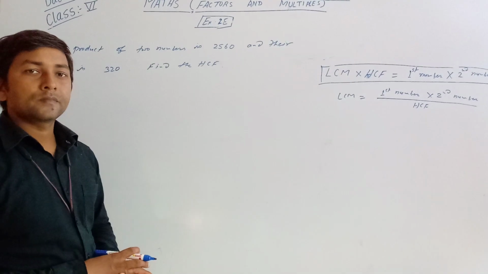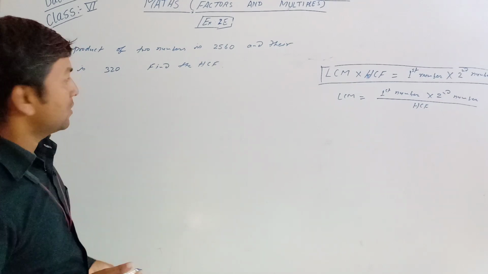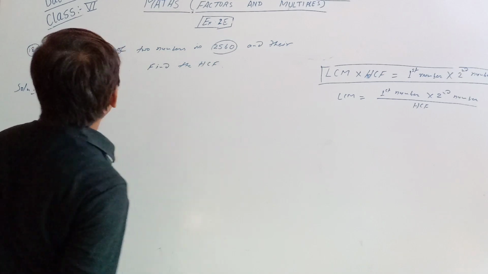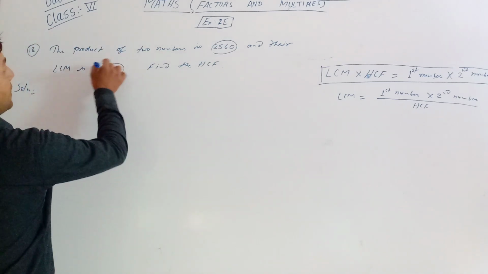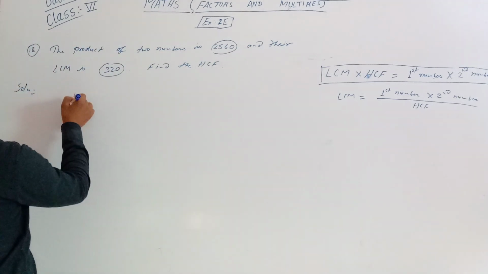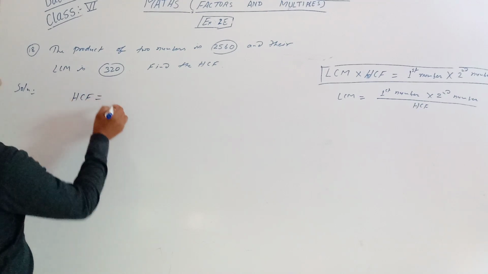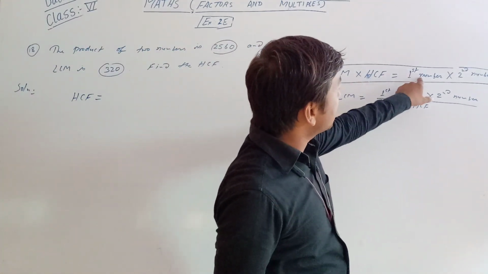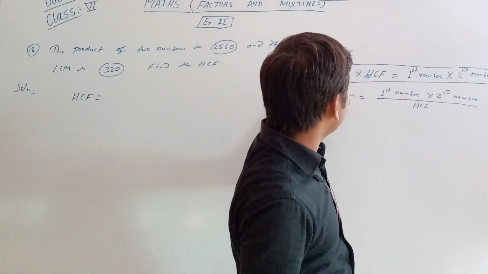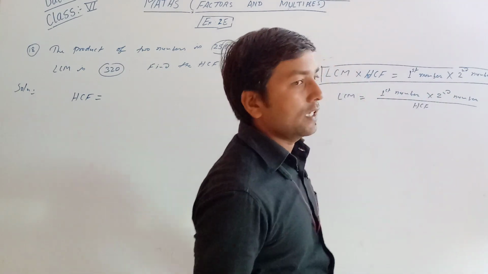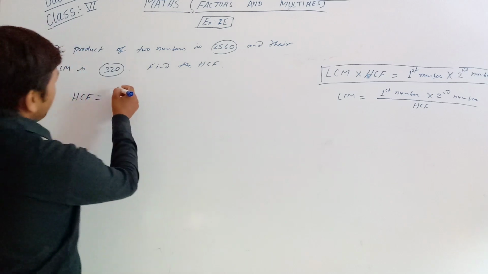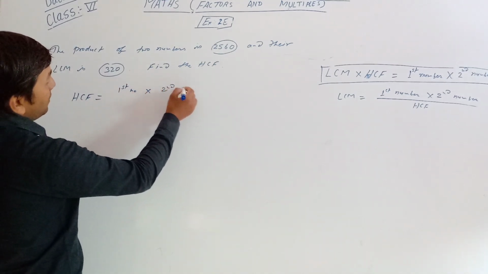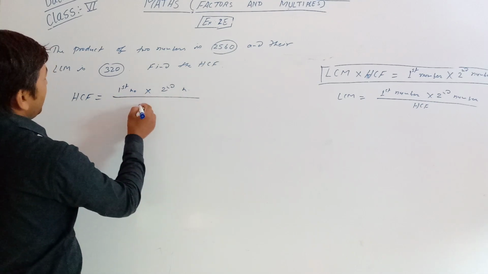Now I solve the 18 number question. The product of two numbers is given and their LCM is also given, and find the HCF. Okay, HCF equals first number multiply second number by LCM.